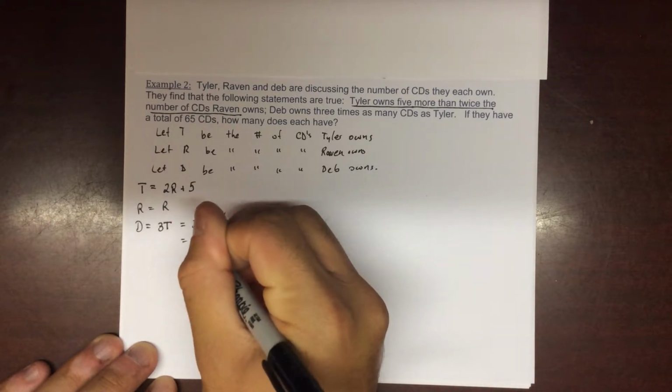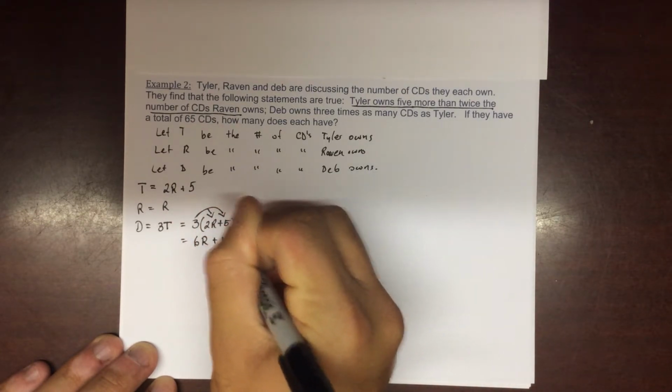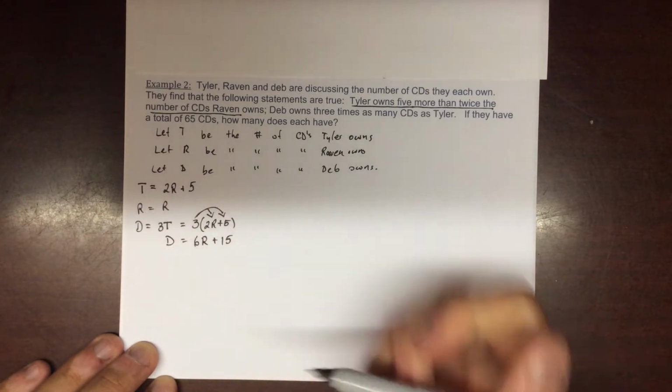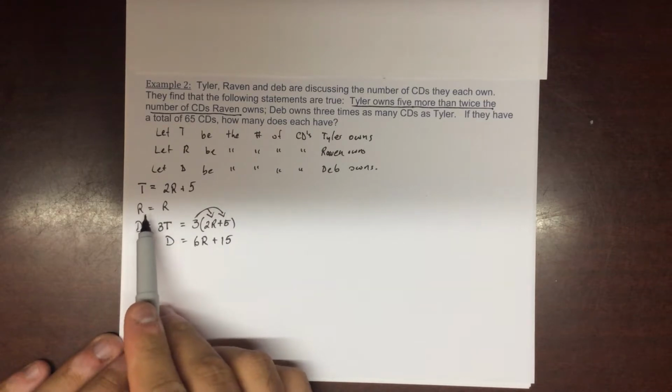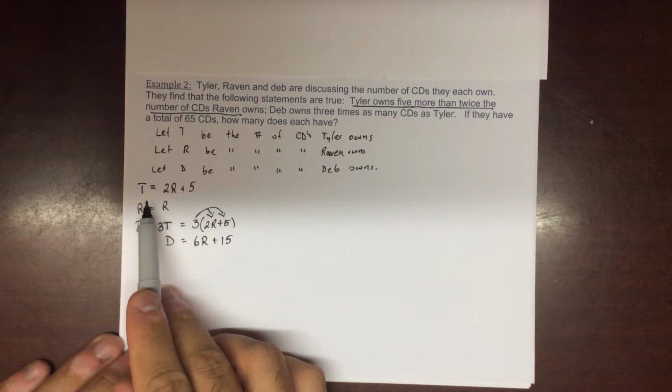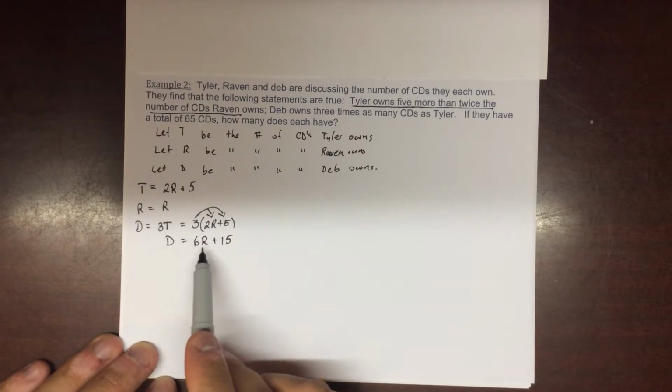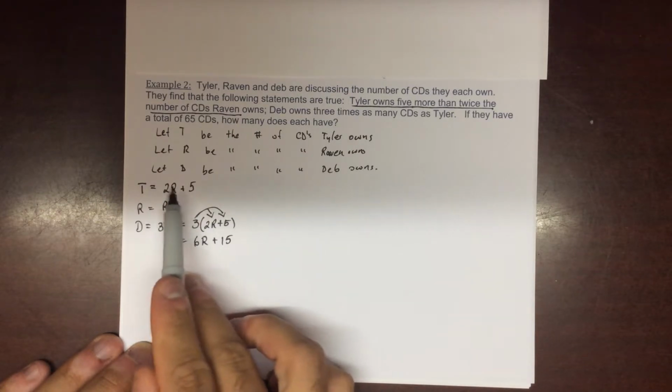I'm left with 6R plus 15. So Deb has 6R plus 15, Raven has R, Tyler has 2R plus 5. Each person is represented in terms of 1 variable.